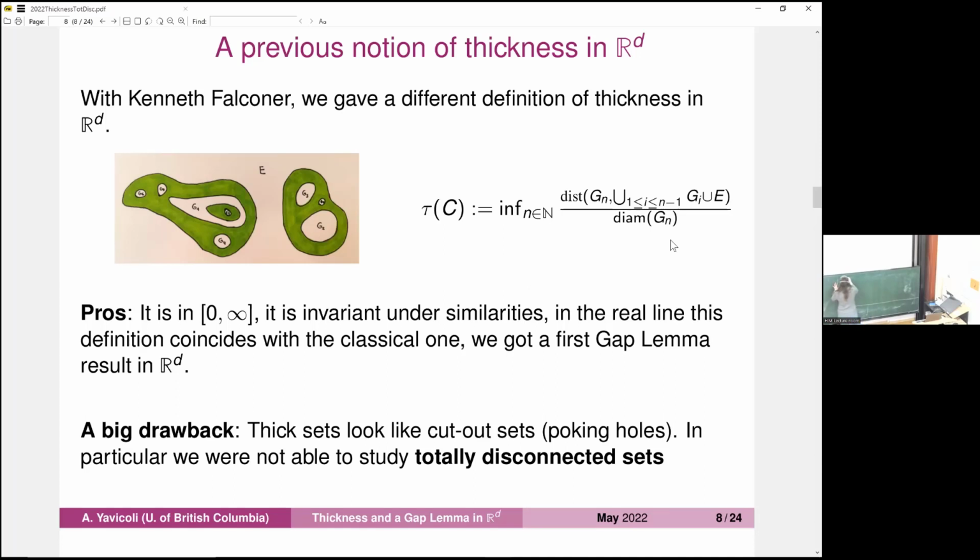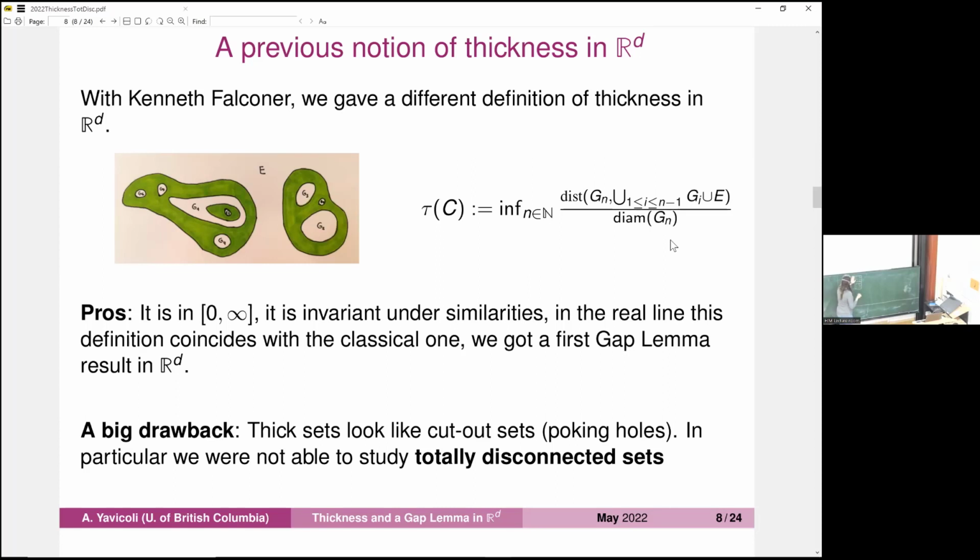But in the case of the most classic examples, like totally disconnected sets, like products of Cantor sets, for example, the external component is everything except the set, right?